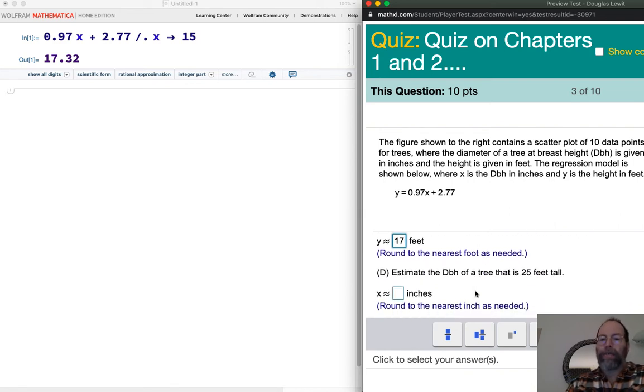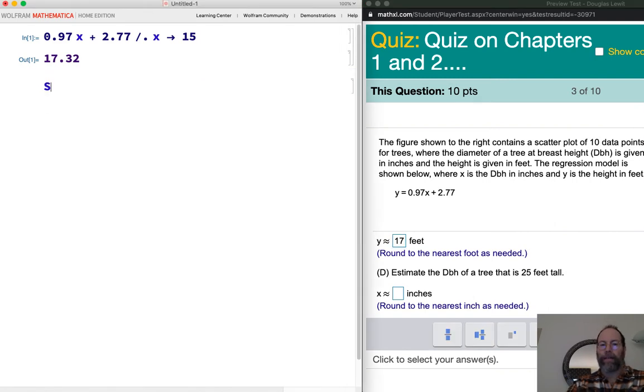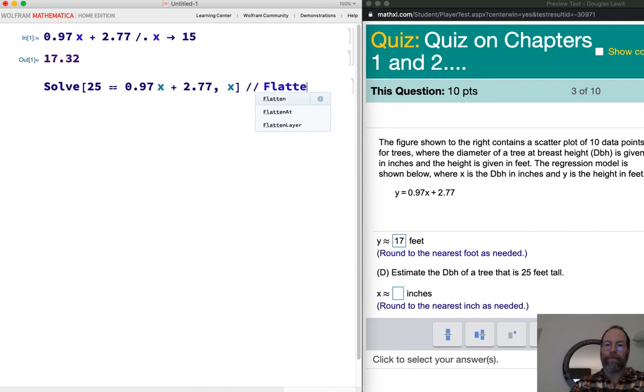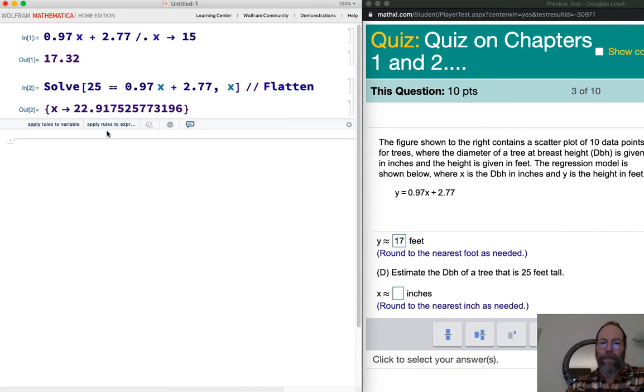Estimate the DBH of a tree that is 25 feet tall. Let's use Mathematica. So 25 is equal to, notice I'm using the double equal sign, 0.97 times x plus 2.77, and I'm looking for x. It's about 22.91.